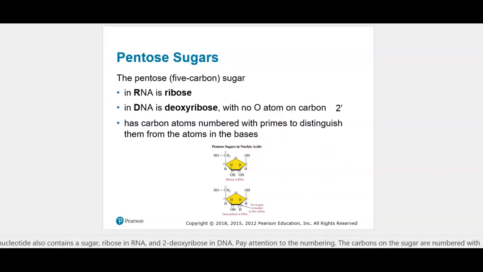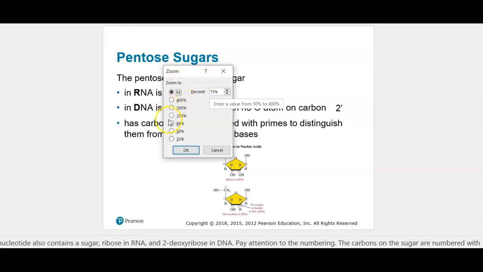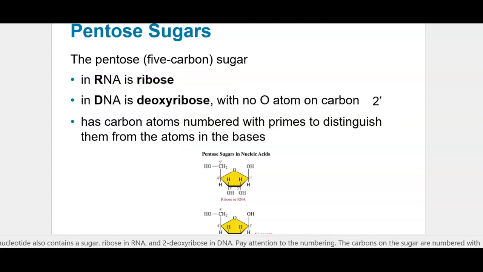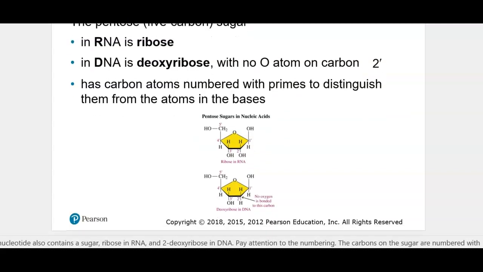If I can find a place to zoom. View. There we go. I'll just blow this up to 100% so you can see a little better. This is the way we draw ribose.